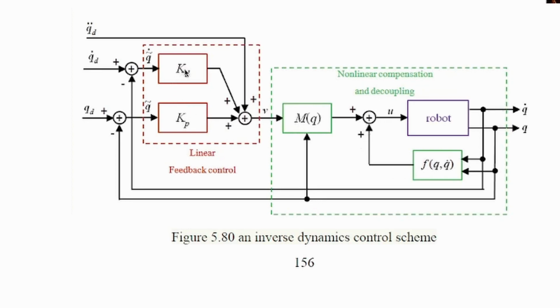And here we use KP and KD. Now we have velocity error.